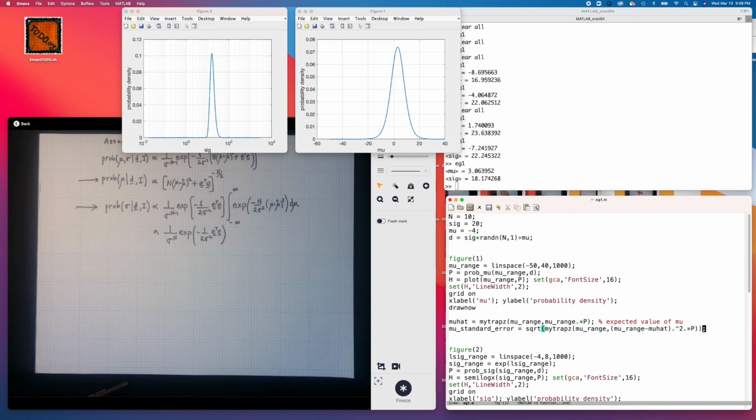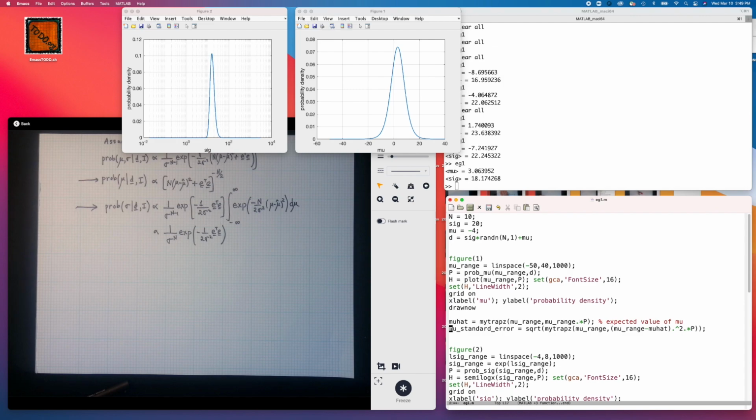So here I just take the expected value of mu range minus mu hat squared. And then I take the square root to get what's called the standard error, which is the standard deviation of the posterior PDF for mu. It's like sigma, but it's the sigma for the probability of mu, not for the probability of the data points. So there are different standard deviations and it can be confusing.